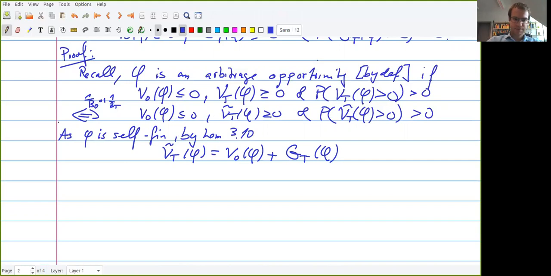So if we apply this, we can go from here to here, again reformulating it in an equivalent way.